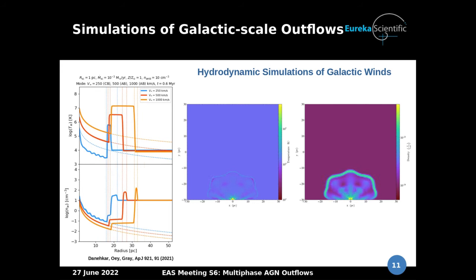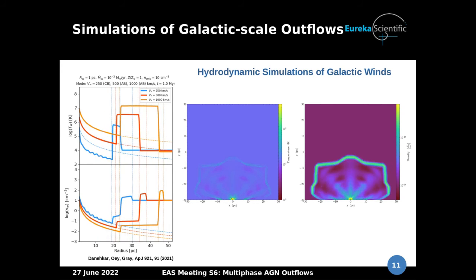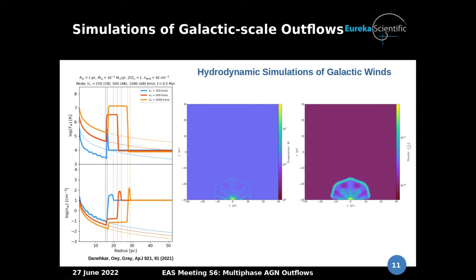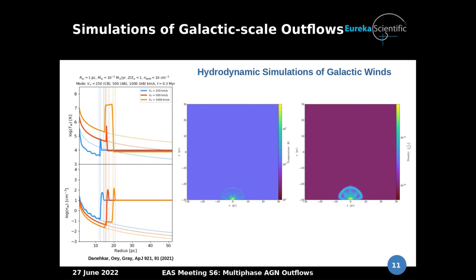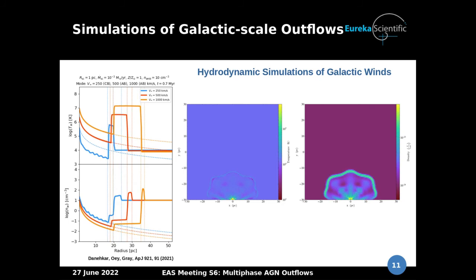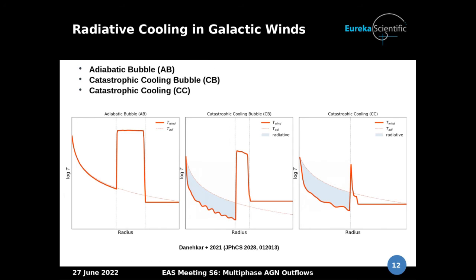On the right, I show the 2D simulations which show the formation of a large scale bubble, and based on departure from adiabatic solutions, we define the adiabatic bubble, the catastrophic cooling bubble, and catastrophic cooling without bubble.